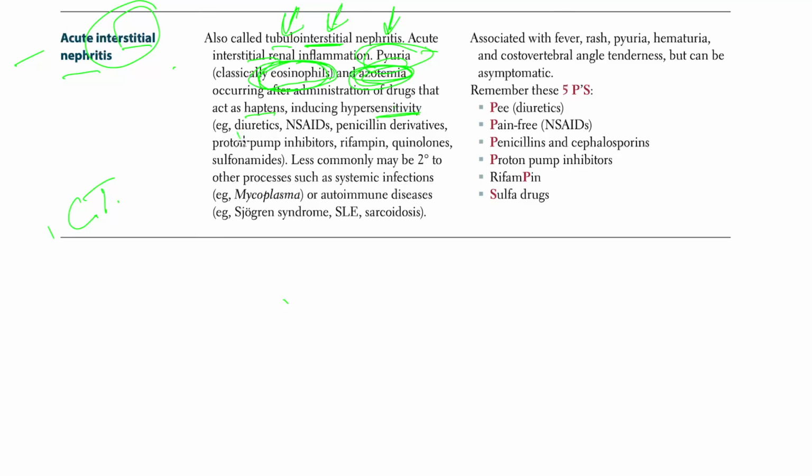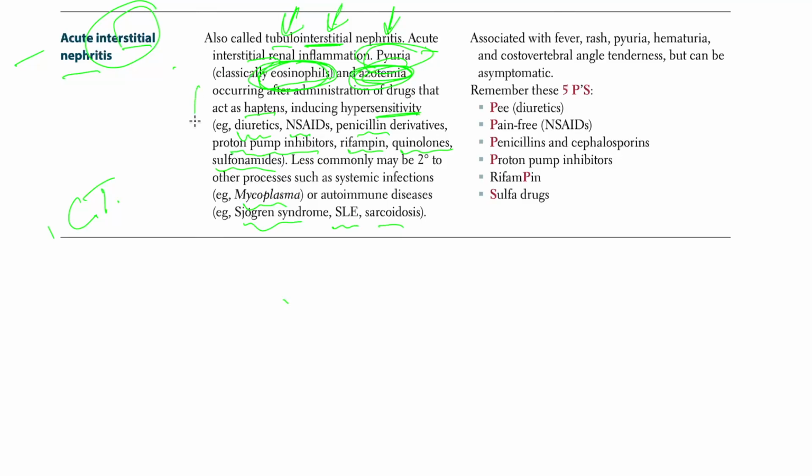For example, diuretics, NSAIDs, penicillins, PPIs, rifampin, quinolones, sulfonamides; less commonly secondary to other processes such as systemic infections, mycoplasma, or autoimmune diseases like Sjogren's syndrome, SLE, or sarcoidosis.